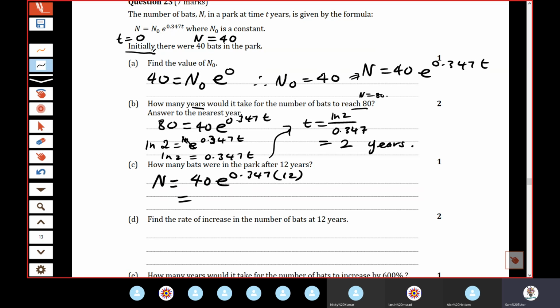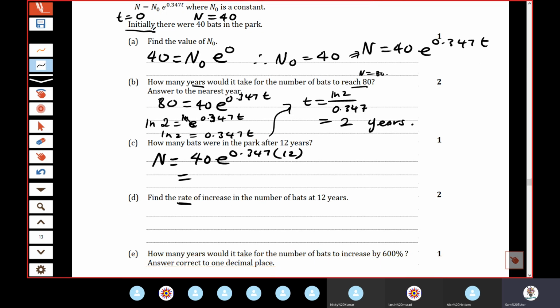Okay, there's a few ways of doing this. The best way, when you see the word rate, it means to differentiate. So what you've got to do is differentiate the exponential. So we have our equation. To differentiate this exponential, you differentiate the power multiplied by the original.